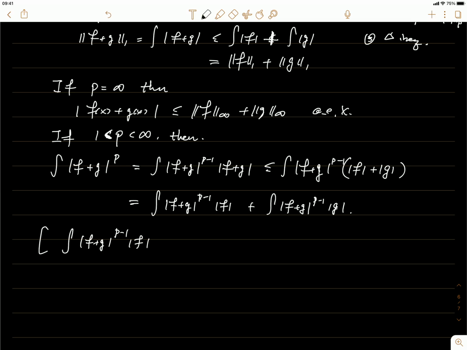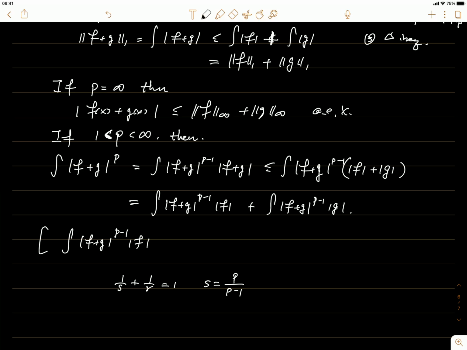I'm going to use Holder's inequality again, but here I need two conjugate values, where 1/r plus 1/s equals 1. I'm going to choose s to be p over p minus 1. In this case, s equal to p over p minus 1 just means that s is a conjugate of p. And here s is also a conjugate of r, so that just means that r equals p.